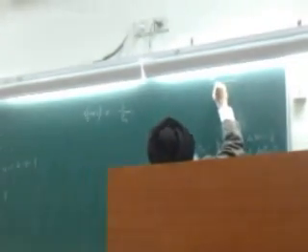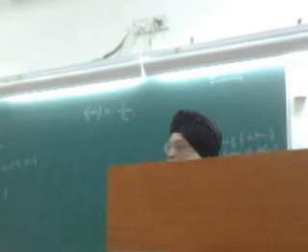1 over E naught. Maybe I should define the notation here. E naught is the price of the dollar in terms of rupees at date 0. So I'm considering two dates, date 0 and date 1.